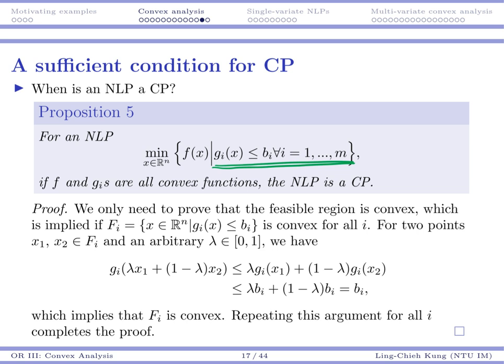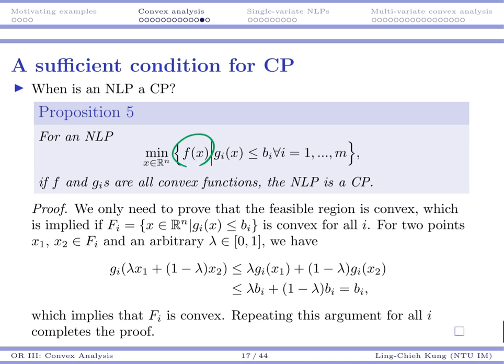If f is a convex function and all your g functions, on the left-hand side of the less than or equal to constraints, are convex functions, then your nonlinear program is a convex program. What does that mean? Let's take a look at the proof so that maybe you would get some ideas.